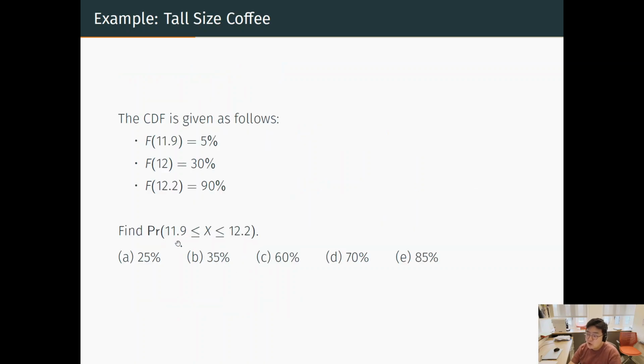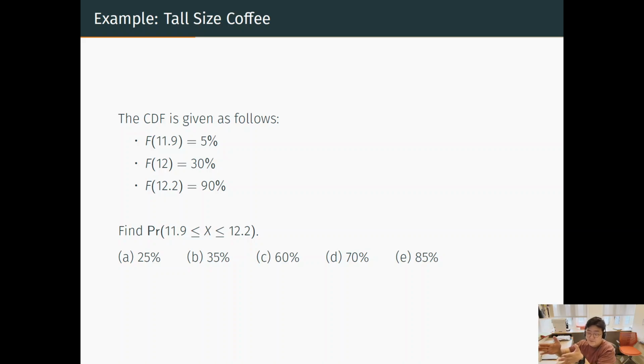Then how about an interval? If you are interested in the probability between 11.9 and 12.2, how can you calculate that? You can guess it. Again, you can think about the length from the starting point up to 11.9 is 5%.